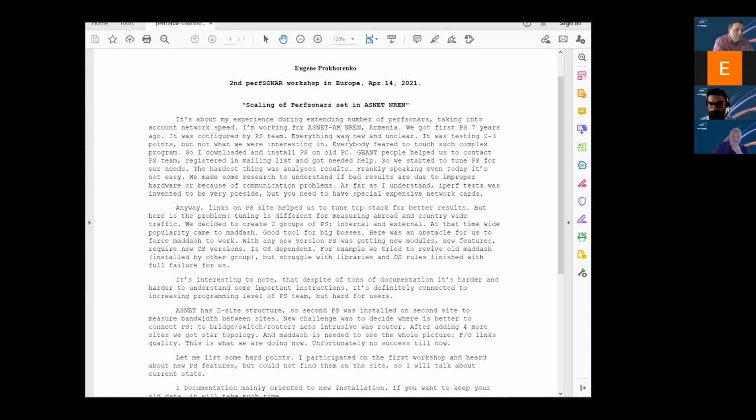When we got our first perfSONAR, we were so excited that we didn't even touch the device at first, because it was something new and unclear.